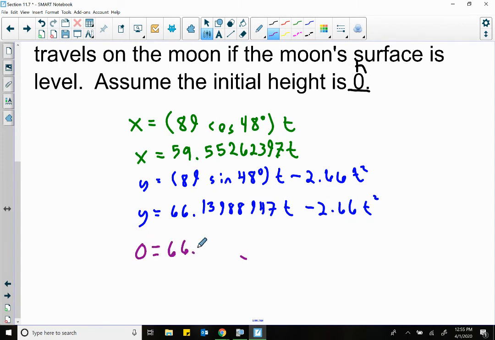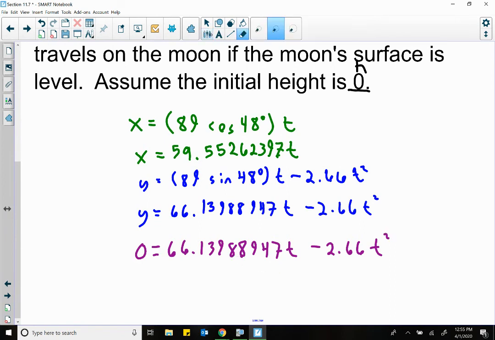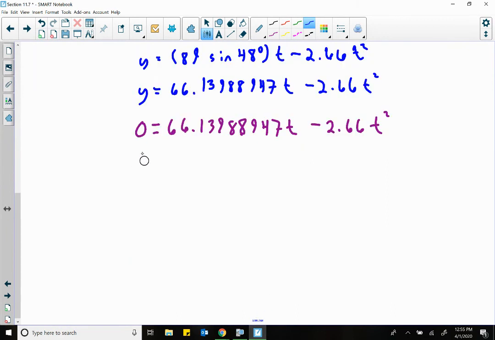I'm plugging in 0 for y, because it's just a normal equation to solve. Okay? In order to solve this is just a factoring problem. Both of these terms right here share a t. So we're going to pull that t out.